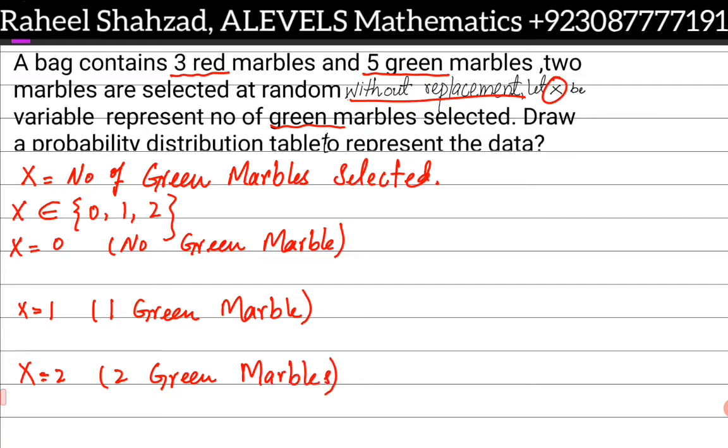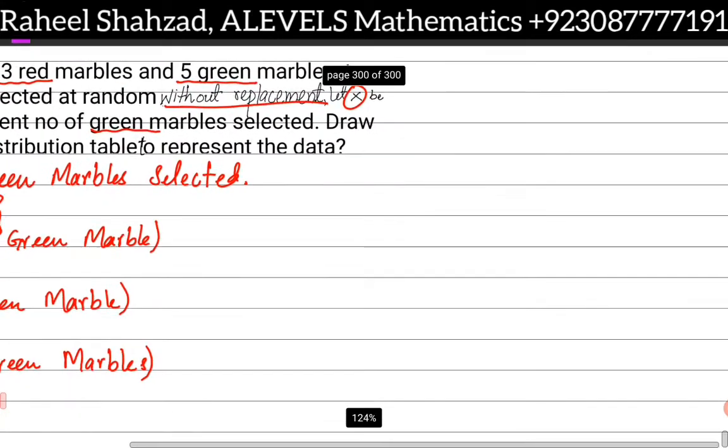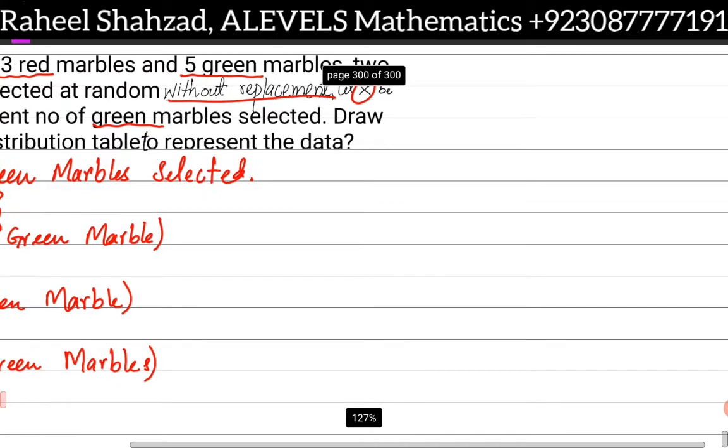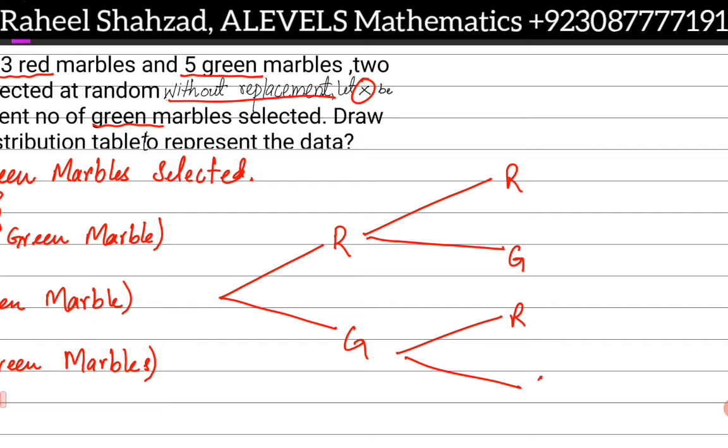Now how are we going to solve this? Let's draw our tree diagram, and we have 3 red marbles and 5 green marbles, so red and green, and then again red and green, red and green. Okay guys, you need to remember that this is without replacement.